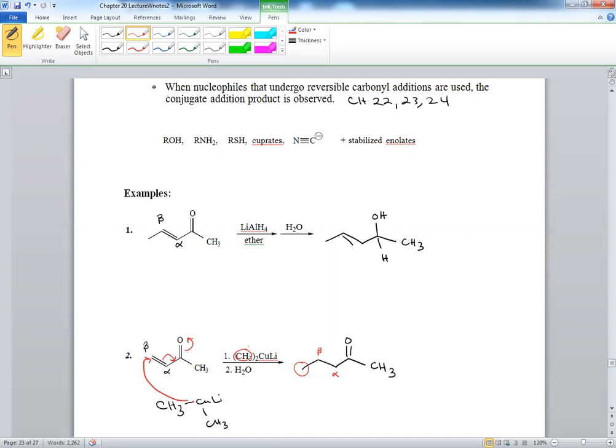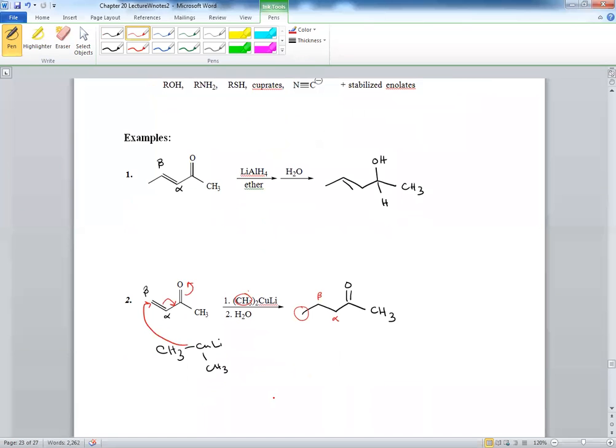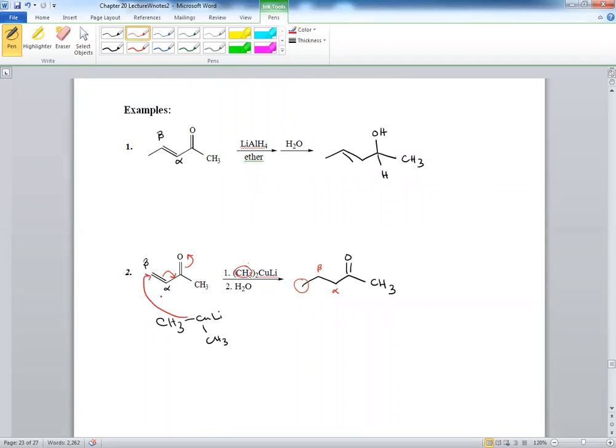And then it undergoes a series of reactions where you end up with still the carbonyl, but you added a carbon at the end. So always when you have something like that, you're attaching one more carbon, not to the carbonyl, but to the last carbon in the double bond, which is the beta carbon.